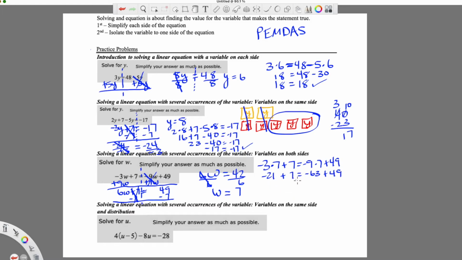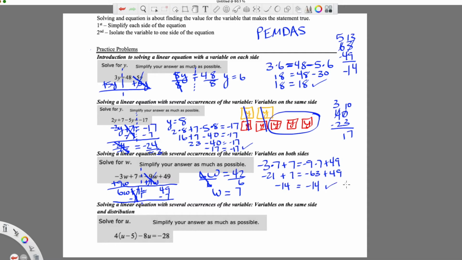That's going to give me negative 14, because I can go 21 minus 7, and that's 14, and I know 21's bigger and it's negative, so it's going to be negative 14. And then 63 minus 49, so I can even set that up, because we're going to need to do some borrowing there, right? I can go 5, that becomes 13, this is 4, and this is 1. 63 is the bigger number, and it's negative, so it's going to be negative 14. Check, we did it right, because we got negative 14 equals negative 14.